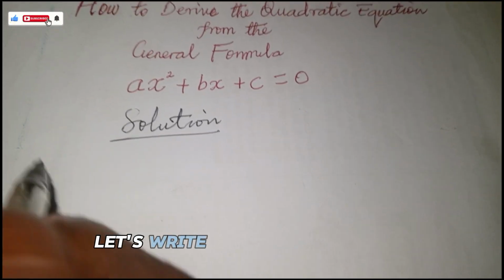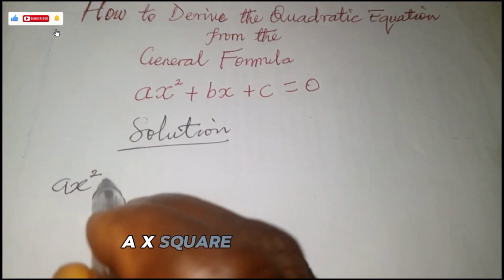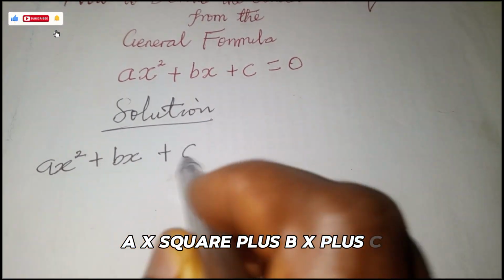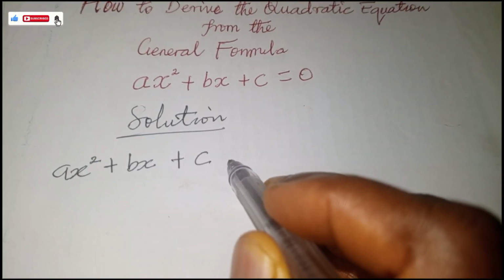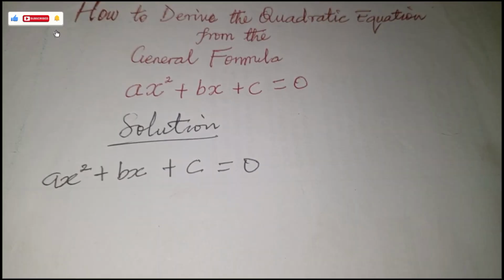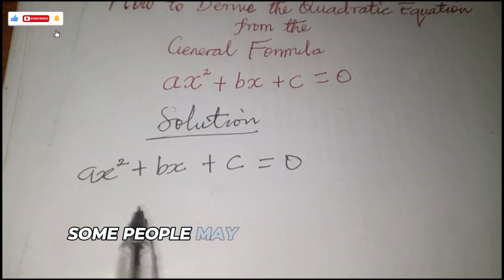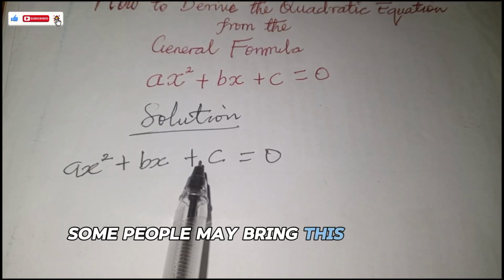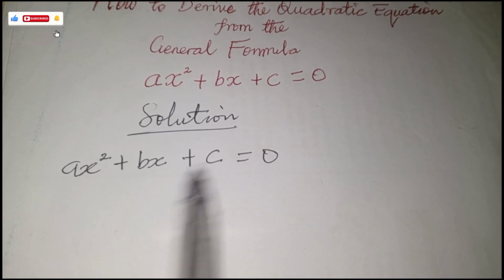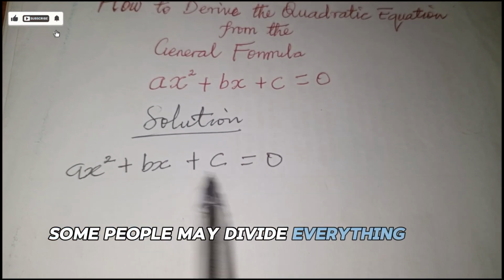Let's write this formula again: ax squared plus bx plus c equals 0. Some people may bring this c to the right side before dividing everything by a, and some may divide everything by a first.